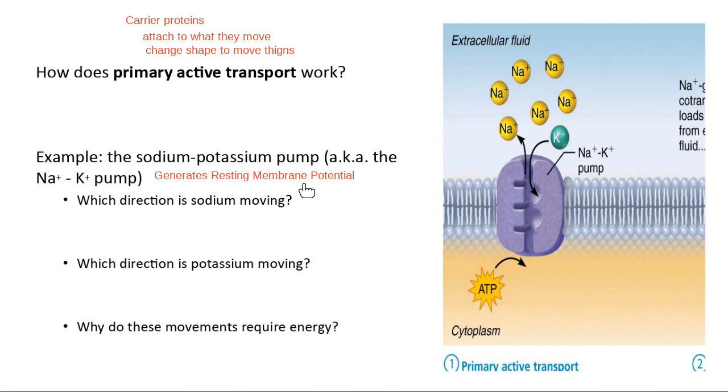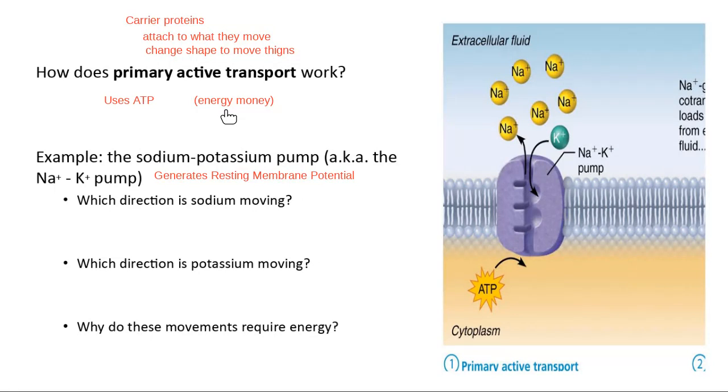When we talk about the sodium-potassium pump, and when we talk about primary active transport in general, we have to use ATP. ATP, again, is our energy money in the cell. We got to spend some energy money.